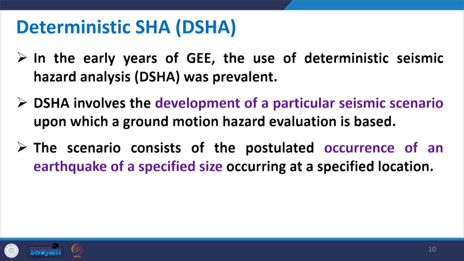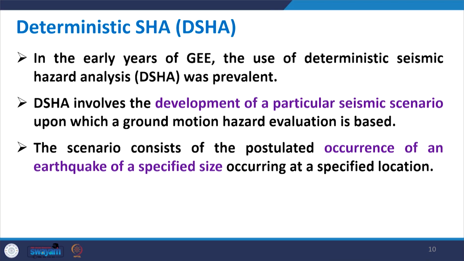Coming to DSHA, in the early stage of geotechnical earthquake engineering, the use of deterministic seismic hazard analysis was prevalent. Earlier only DSHA was there; in fact PSHA came quite later. It involves the development of a particular seismic scenario upon which a ground motion hazard evaluation is based.